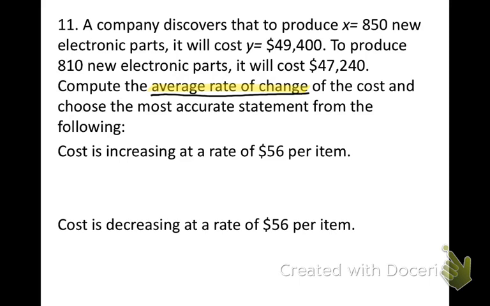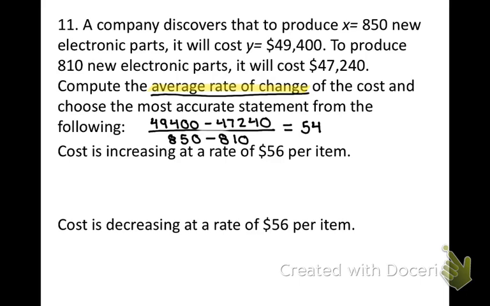So we are looking at 49,400 minus 47,240 all over 850 minus 810. And when we do this, we end up with 54.